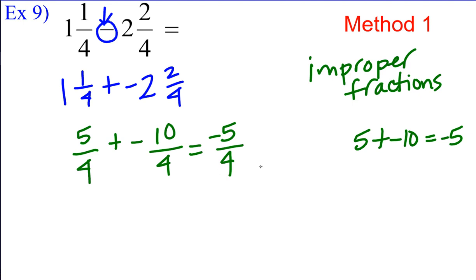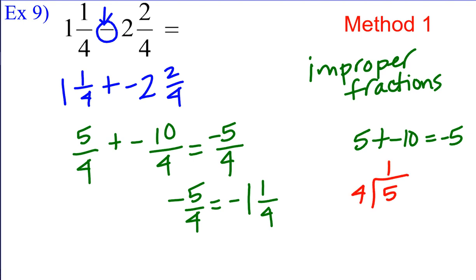Because this is an improper fraction, we have to go back to a mixed number. It's going to be negative, so we change negative 5/4 to its mixed number: you can get one whole out of this, and there would be 1 left over, so negative 5/4 becomes negative 1 1/4. For a refresher, this is 5 divided by 4. 4 goes into 5 one time with 1 left over, so that's where the 1/4 came from.